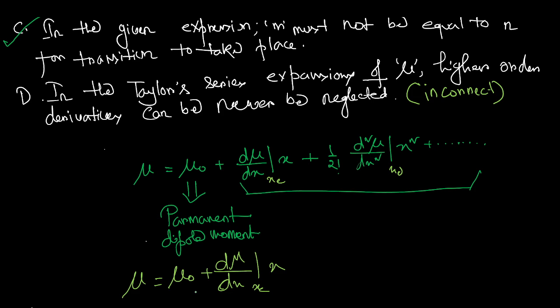The higher order terms are neglected due to their negligible contribution to the transition dipole. Therefore, it only consists of the permanent dipole moment and the first derivative of the transition dipole moment measured at equilibrium distance.